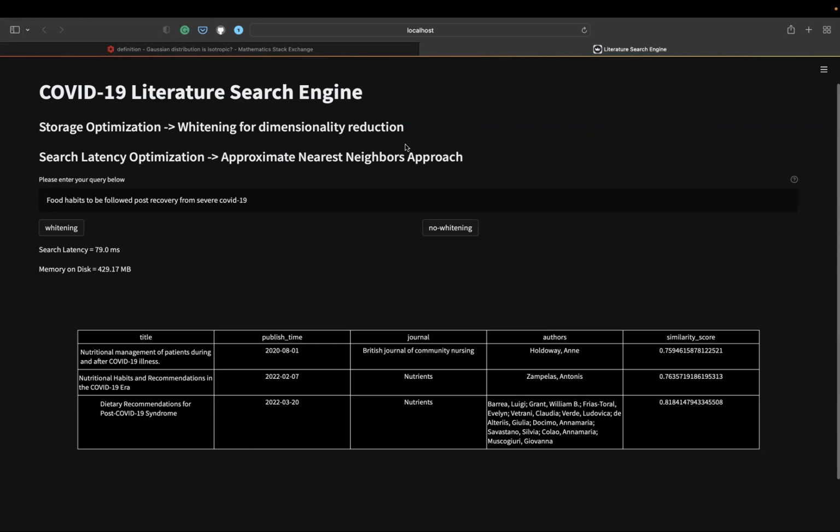So we can implement this kind of technique in similar use cases as well. Great. Yeah, suggested communities would be a great one for this because it's the same use case. And obviously, the larger the dataset, the better. This COVID-19 literature search engine had almost 0.5 million records. To build the whitening transformation matrix, the bigger the dataset, the better the matrix would be.